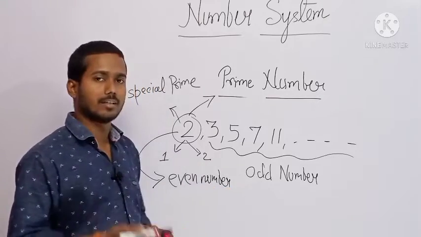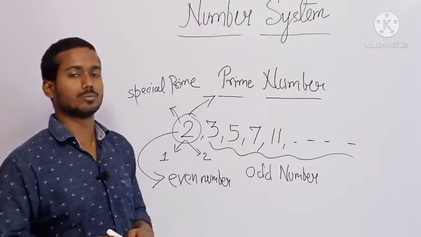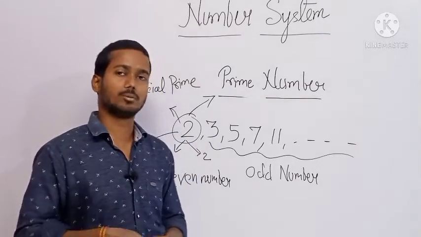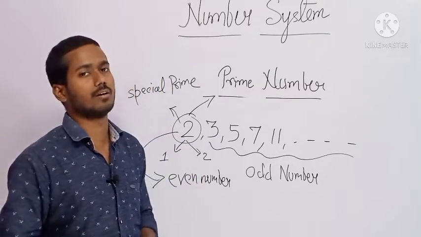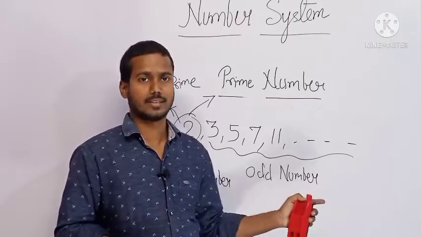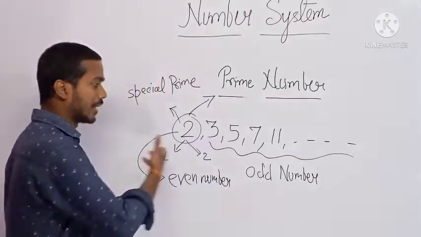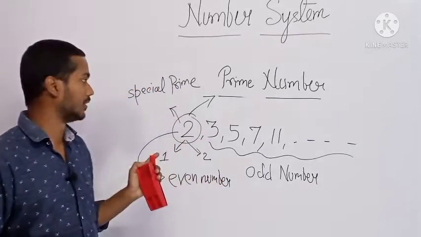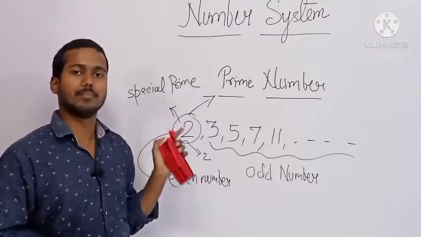About even numbers, as you all know, those numbers which are divisible by 2 are even numbers, and those numbers which are not divisible by 2 are called odd numbers, right? So in the series of prime numbers, only 2 is the even prime. That's why it is a special prime number.